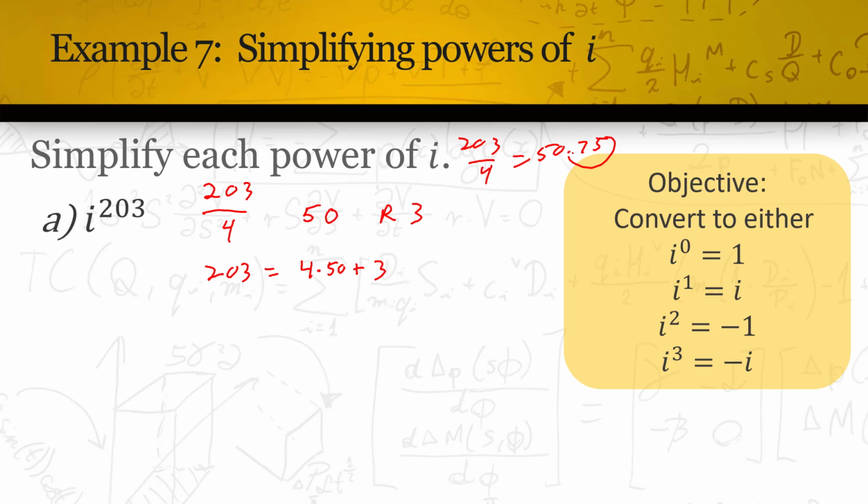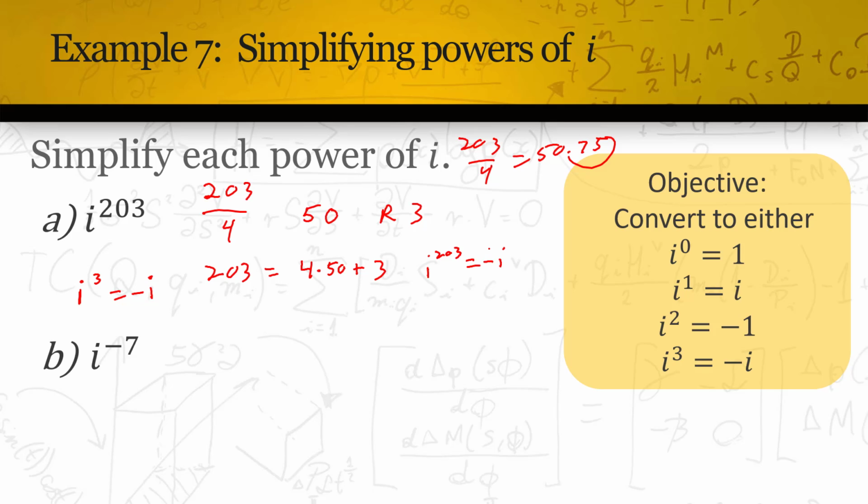Multiply your 0.75 by 4, you get 3. Anyways, that all shows that this will be equal to i cubed, which is negative i. So i to the 203rd power is equal to negative i. And this right here actually is our last example.